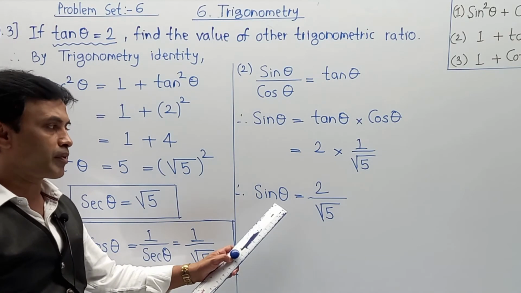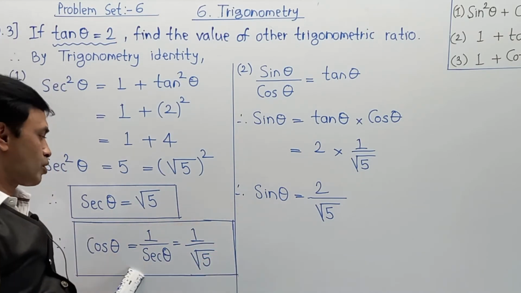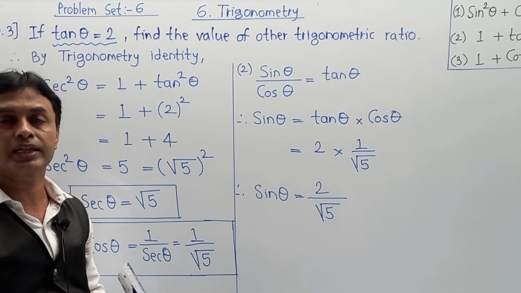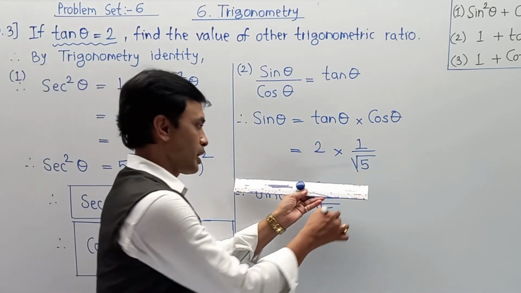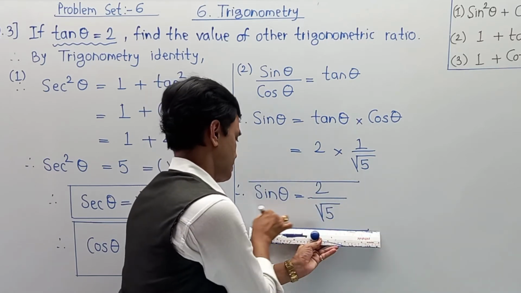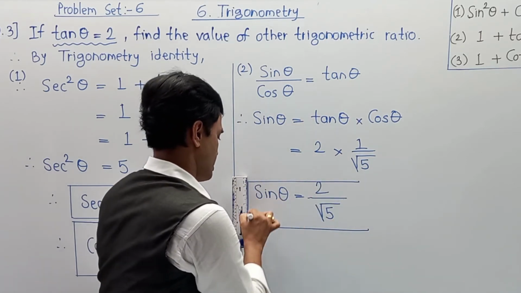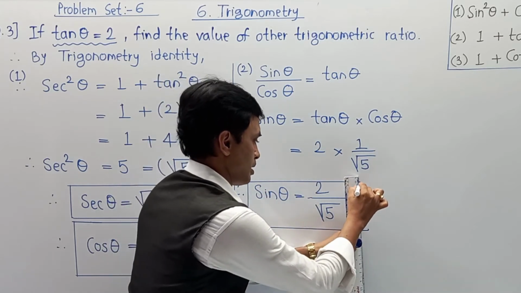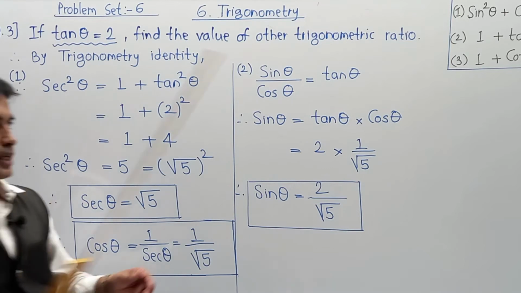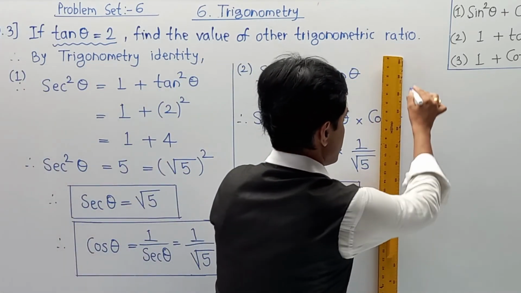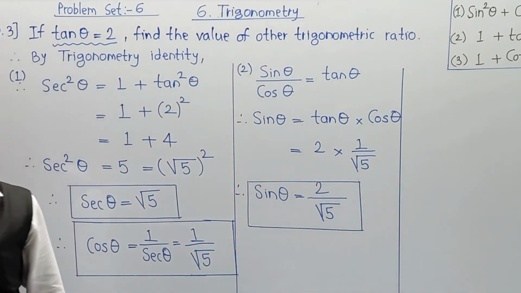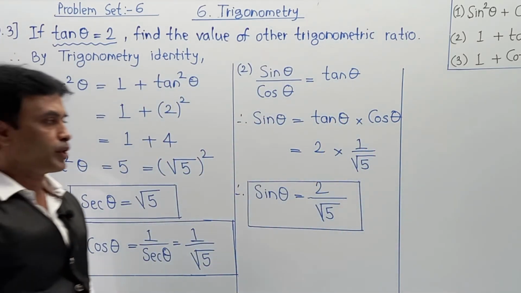Now, as we are able to get the value of sin theta as well as cos theta as well as tan theta, definitely the rest of the values we can directly write in the form of reciprocals. Now how to represent? We know the values one by one.